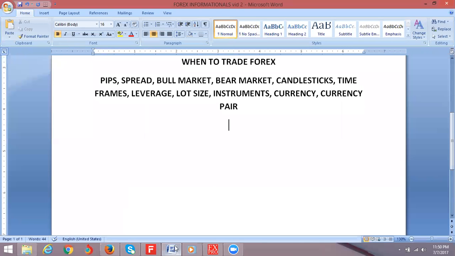Then what else? We have currency and currency pair. I think these are quite simple. When you are talking about currency, you're talking about USD for United States dollar, GBP for Great Britain pound.